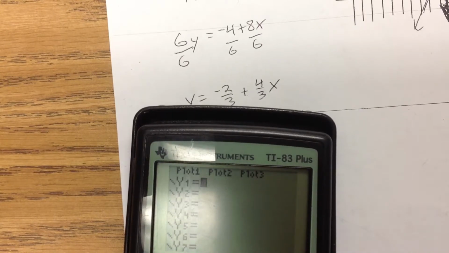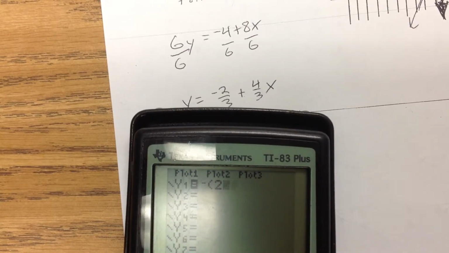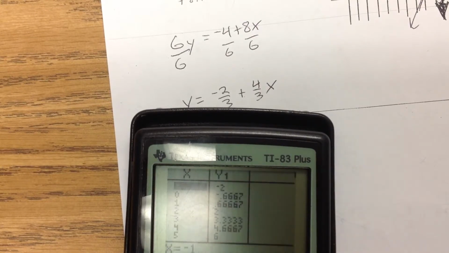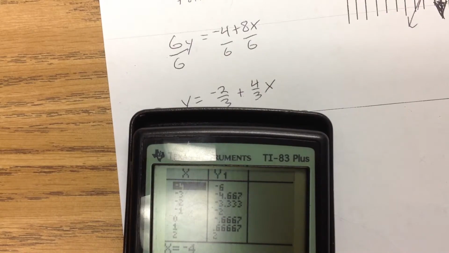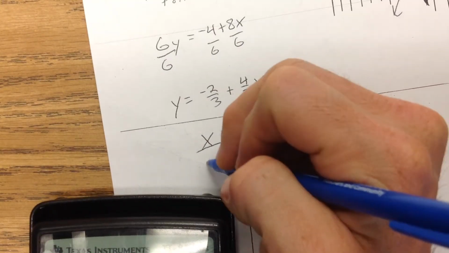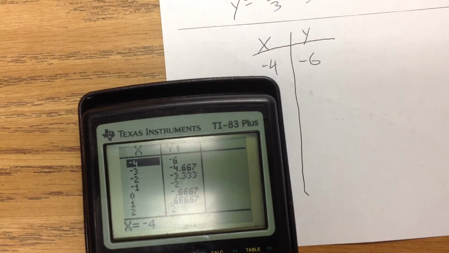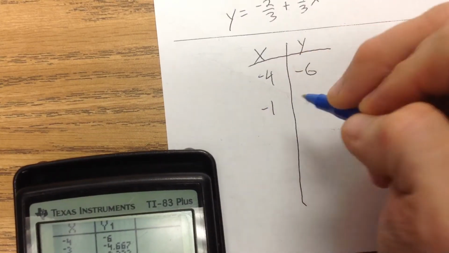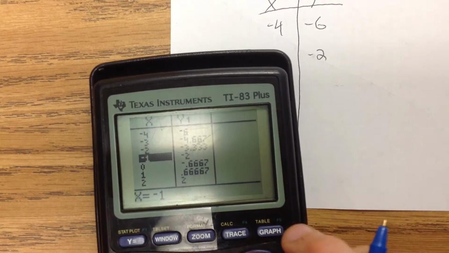I'm going to go to my calculator. I'm going to type in negative 2/3 plus 4/3 x. And what I'm going to do is skip the ones that have decimals. So I'm going to say, all right, (-4, -6). And then I'm going to skip these next two and do (-1, -2).